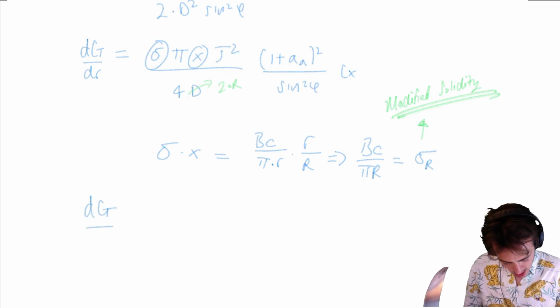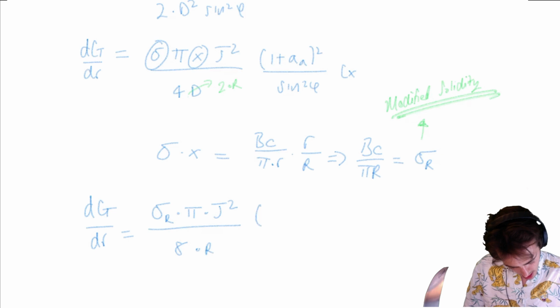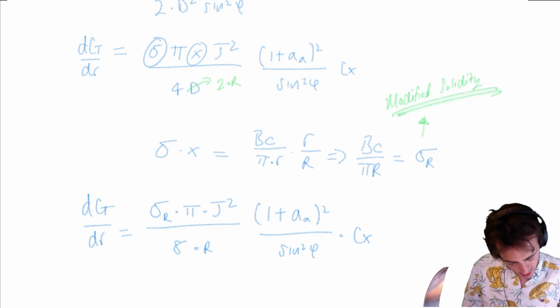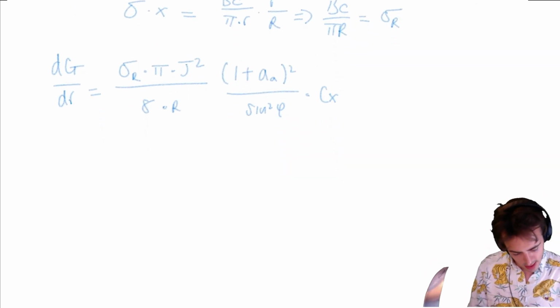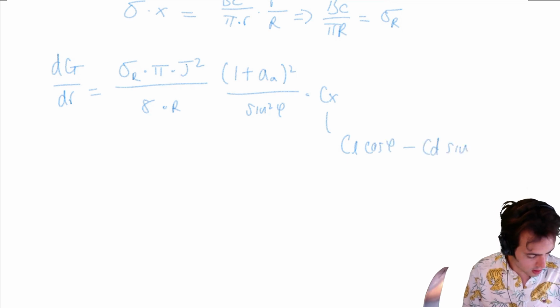So dct on dr is equal to sigma R multiplied by pi multiplied by j squared divided by 8R, 1 plus AA squared divided by sine squared phi multiplied by cx. And we can remember that cx is simply CL cos phi minus CD sine phi.